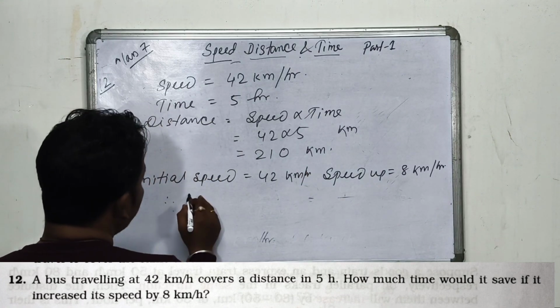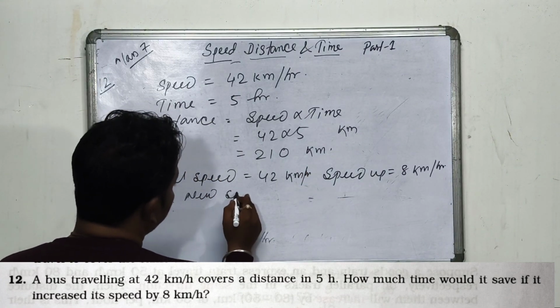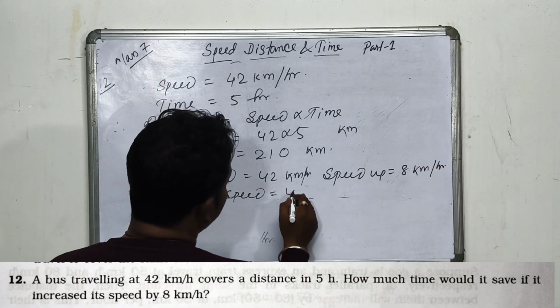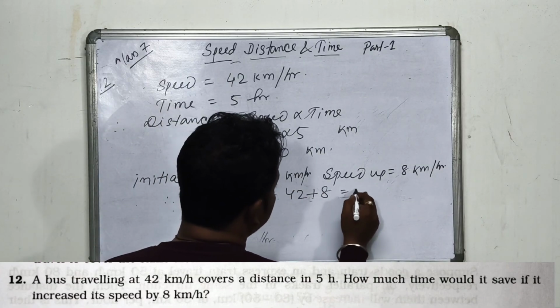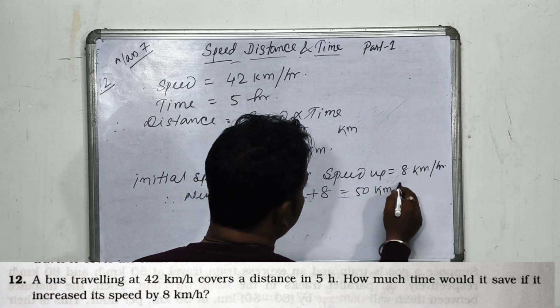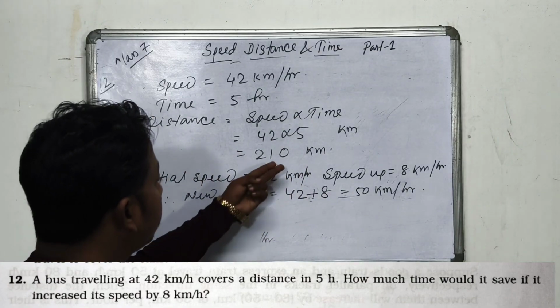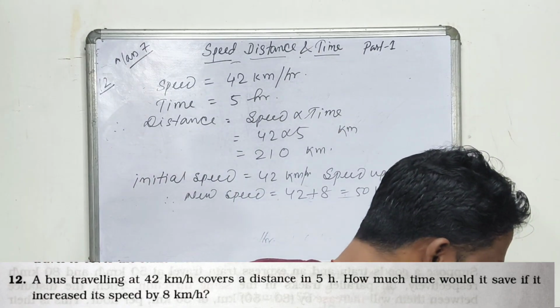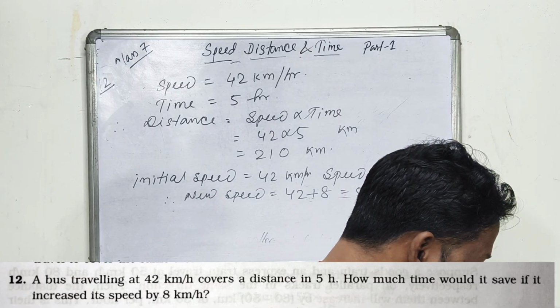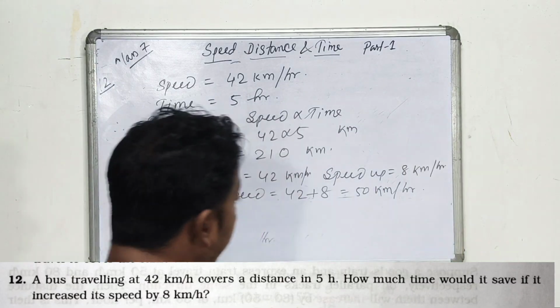Therefore the new speed equals 42 plus 8, that is 50 km per hour, and the distance is the same. The question is asking how much time would it save.